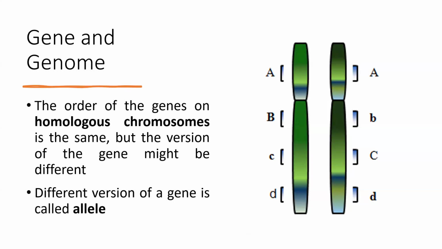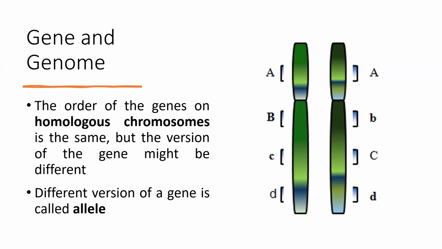Meaning, if on the mother's chromosome you have eye color here, you will find eye color at the same locus on the father's chromosome. If you have blood type here, you will have blood type there as well. However, the version of the gene might not be the same because our parents are different. Same ethnicity, there is a lot of shared material, but not everything will be identical.